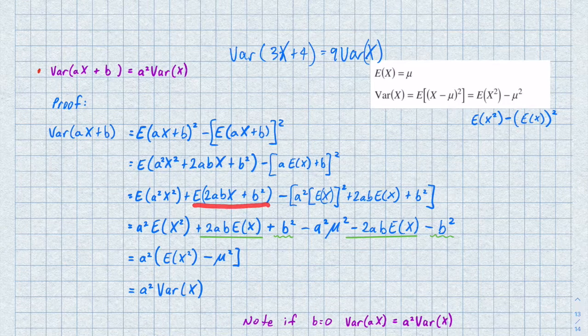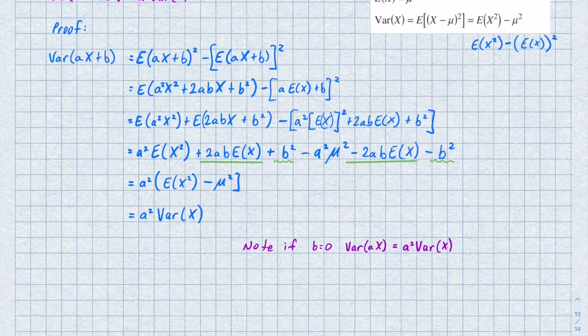This thing here, I've just separated it into 2 from that result above. And then I've just expanded out that bracket with the minus. So the b squares cancel out, these terms here cancel out, and you're just left with those ones. They've both got an a squared in front of them, so factorised, we have this, and that thing in the brackets is the variance of x.